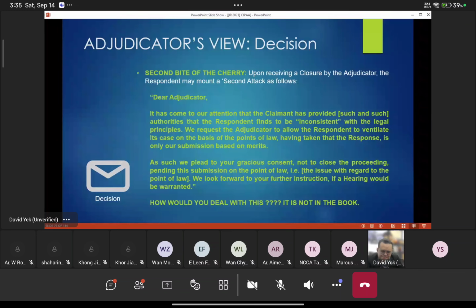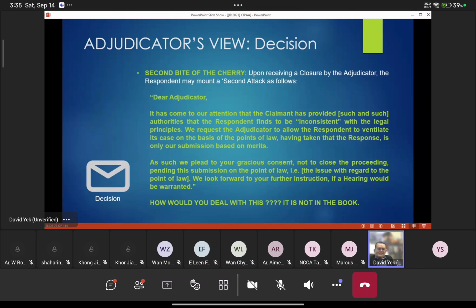Now it's points of law. Having taken that the response is only our submission based on merits, as such, we plead for your gracious consent not to close the proceeding pending this submission on the point of law. The issue with regard to the point of law, we will state everything. And then we look forward to your further instruction if a hearing will be warranted.